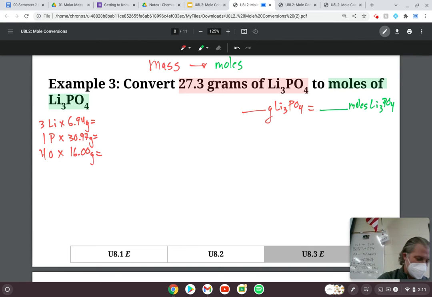So I calculate all this out, and I take 3 times 6.94, and I get something like 20.82 grams of lithium. Bring the 30.97 grams of phosphorus, and 4 times 16 gives me 64. The calculator does not give me 00, but I have to add it, grams of oxygen.